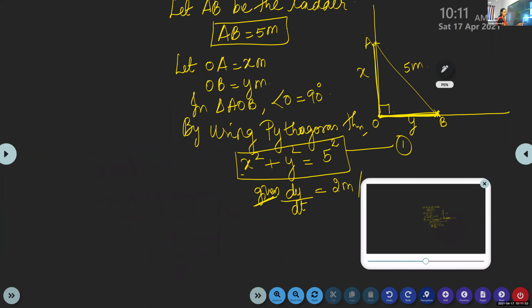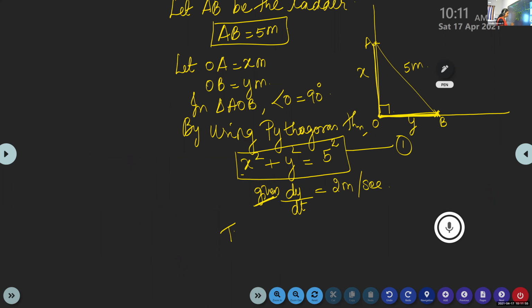That means what we have to find here? dx by dt. We want to find dx by dt when the foot of the ladder, that is the distance y, is 4 meters. When y is 4 meters.